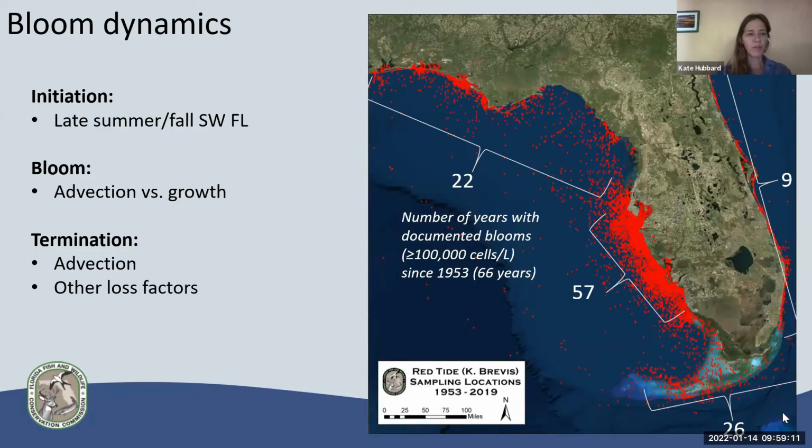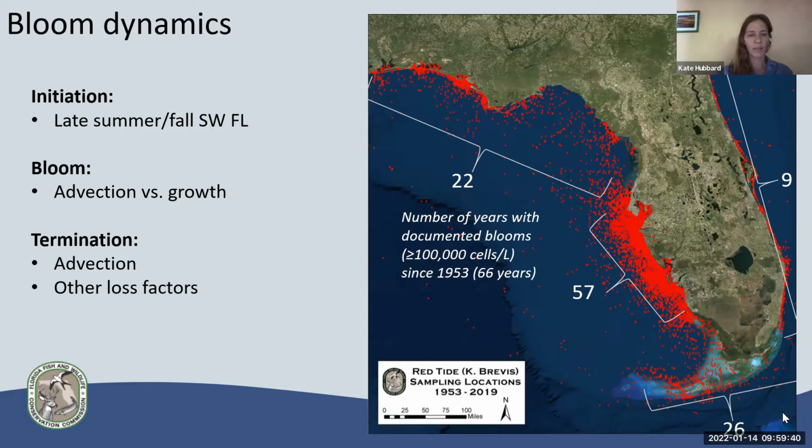To give an overview of bloom dynamics first, this map shows the different sampling locations where red tide has been detected going back to 1953, which is the beginning of FWC's record of these events. We know that initiation typically occurs in the late summer and the fall in Southwest Florida. If we look at that particular area, you see that there are a lot more dots there.